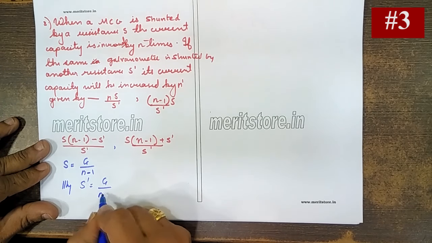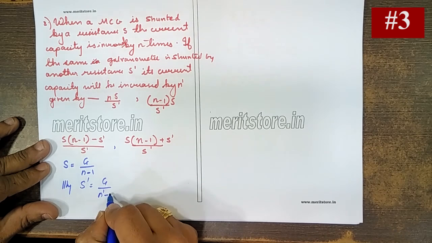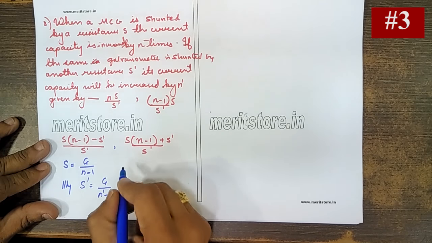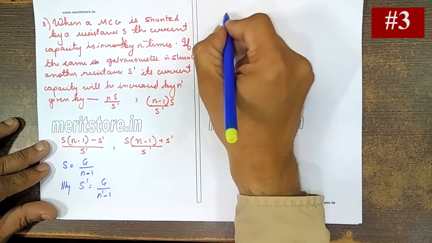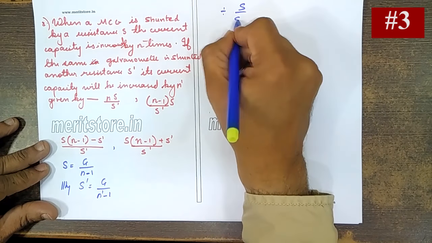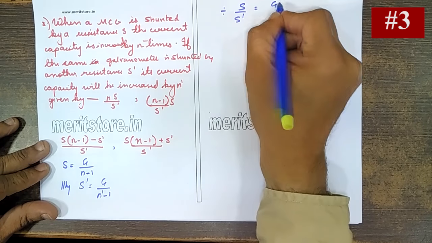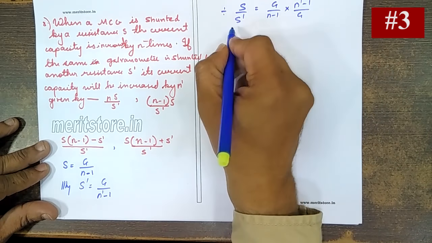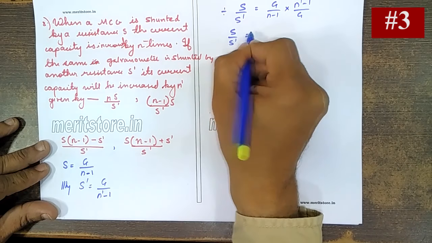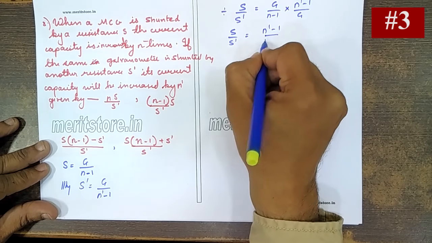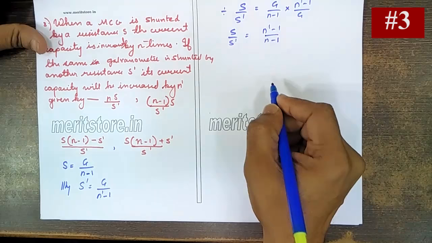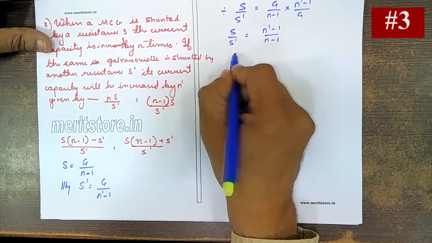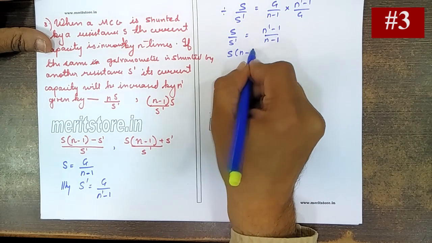the increase in the current is n dash. So S dash is G upon (n dash minus 1). Now what we do is, we divide S upon S dash, which will give me G upon (n minus 1) into (n dash minus 1) upon G. So S upon S dash will be equal to (n dash minus 1) upon (n minus 1). Now we want it in terms of n dash. Therefore, S into (n minus 1) is equal to S dash into (n dash minus 1).